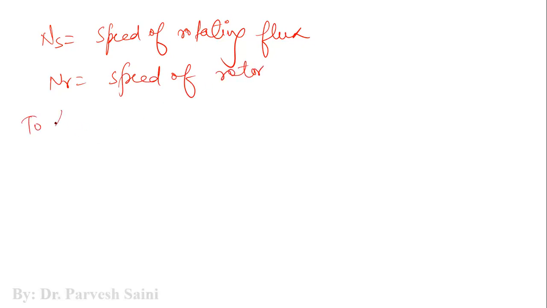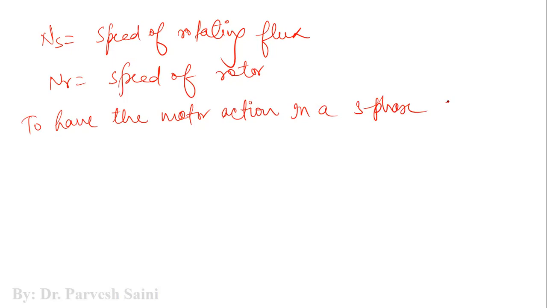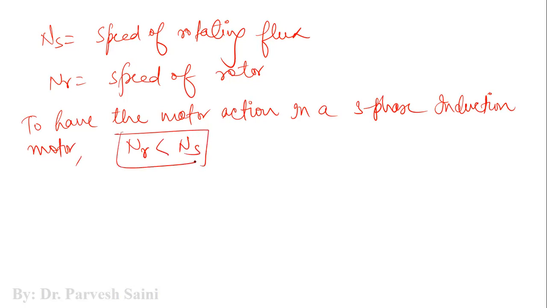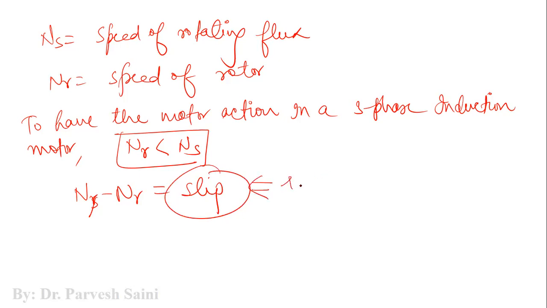To have the motor action in a three phase induction motor, nr is always less than ns, right? And the difference ns minus nr is known as slip. This is required to have the motor action, right?